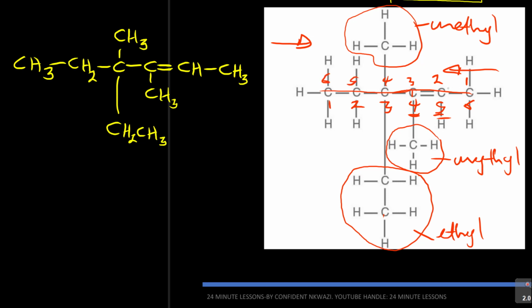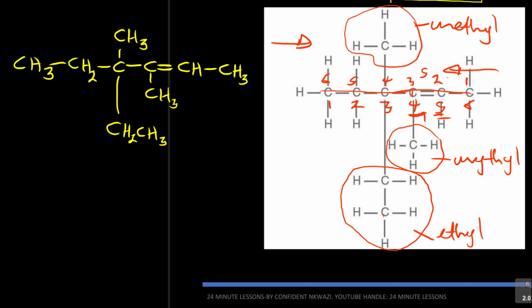Look at the double bond. Instead of 4, 5, I'll take 2, 3. Why? I said you must look at the numbering which will give the double bond carbons the smallest numbering. Or you can add the two double bond carbons. You say 4 plus 5, I get 9. And then 2 plus 3, I get 5. So you take the smallest number.